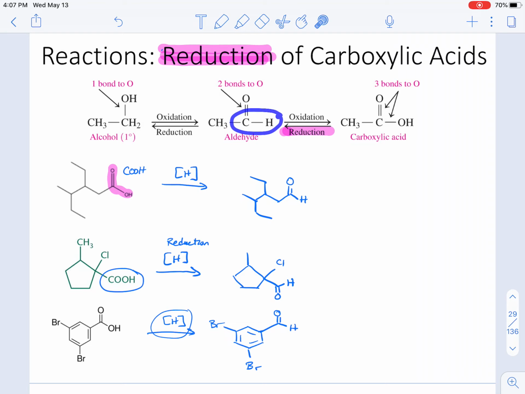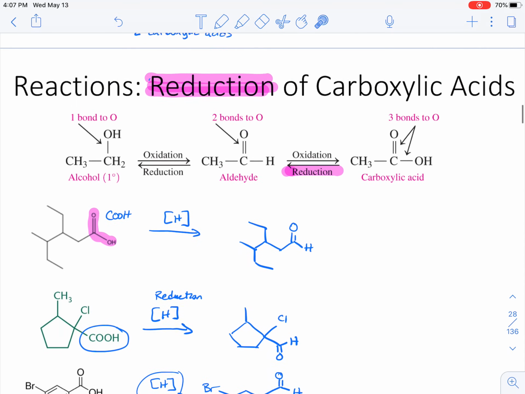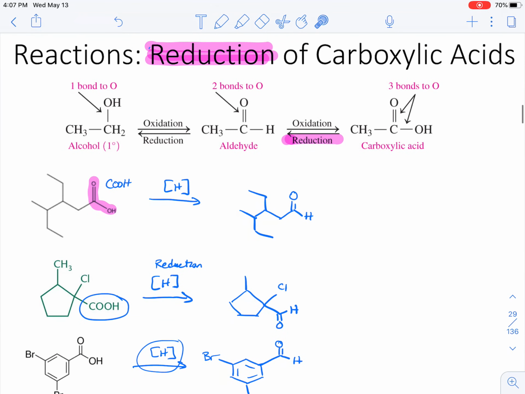So this connection is destroyed, this connection is made. All right, so that's pretty much it for this lecture video. We covered many different ways on how to name carboxylic acids, and we looked at the reduction reaction of carboxylic acids.